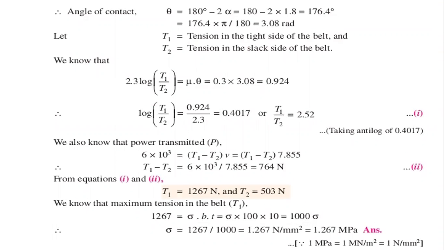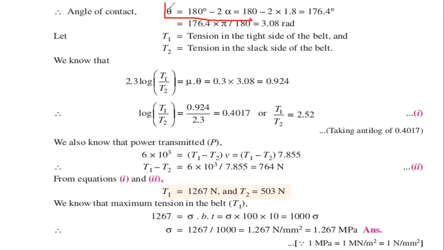Now we are going to find the angle of contact. Theta is equal to 180 degrees minus 2 alpha. That is the angle of contact formula.